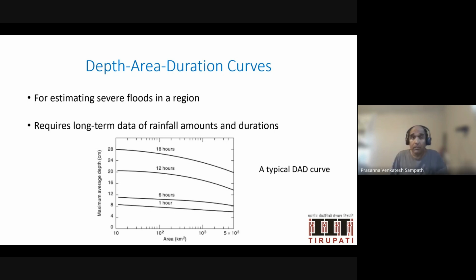And then from each of those durations, I find what was the average depth of rainfall received in the year 1950 for 1 hour, in 1951 for 1 hour, in 1952 for 1 hour, and so on until 2025, let's say. So I have 75 years of data of 1 hour duration over that certain area of 100 kilometers square.